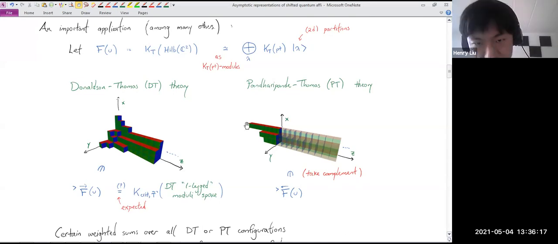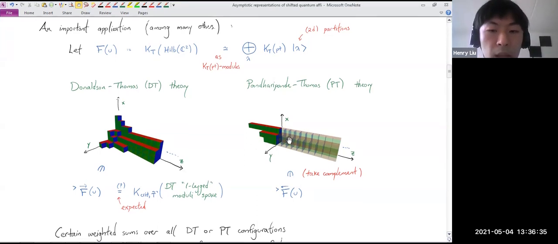And so we mod out by them and we get this leaner, more efficient version. And PT theory also has a very similar combinatorial flavor to DT theory. You're still counting certain configurations of these cubes.